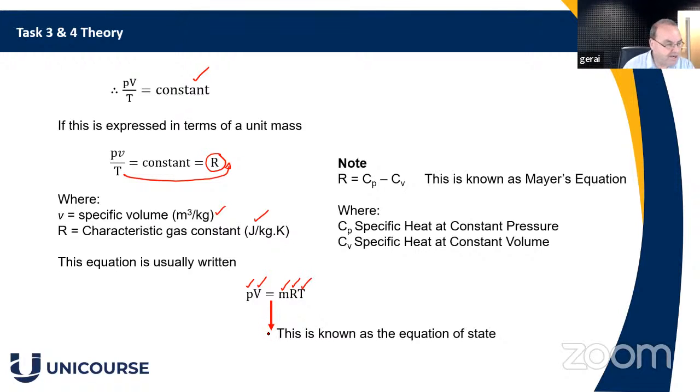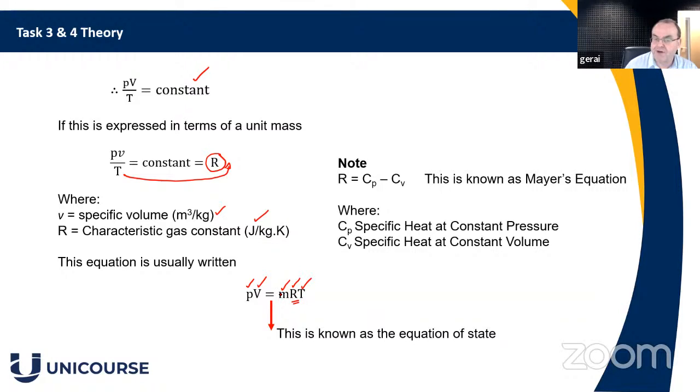So for any gas at any condition, providing you can measure the pressure and the volume, you can work out the mass, because R is a characteristic gas constant for a particular gas. It'll never change, unless you change the gas. So for instance, if you wanted to know the mass of air in a cylinder, in an air receiver, you can measure the pressure, you know the volume, R doesn't change, that's a constant, and you can measure the temperature.